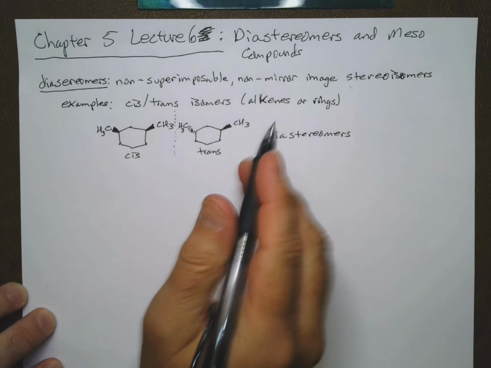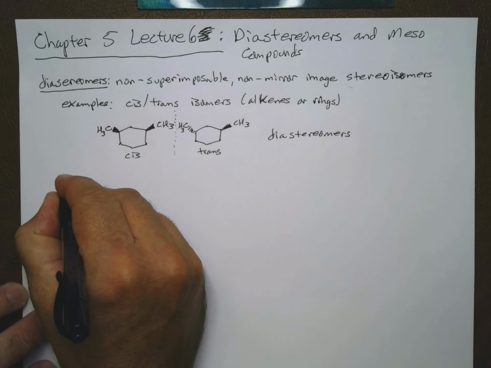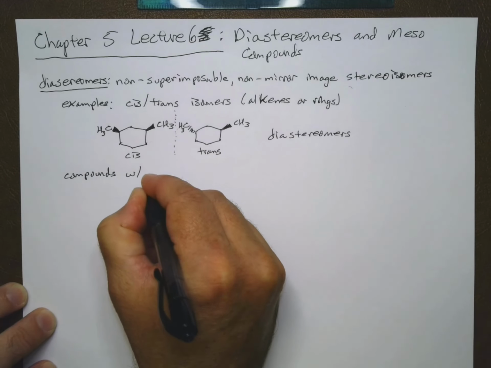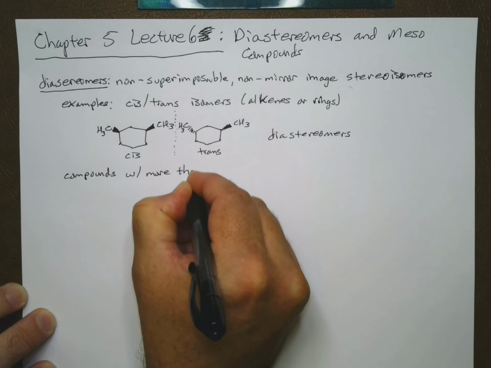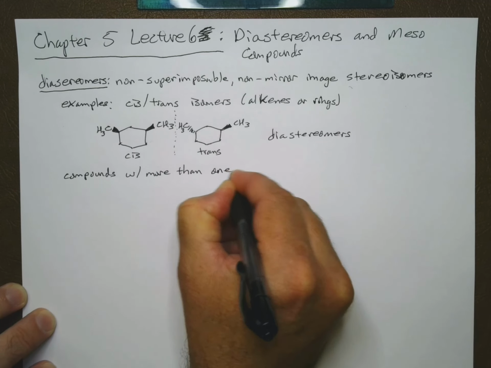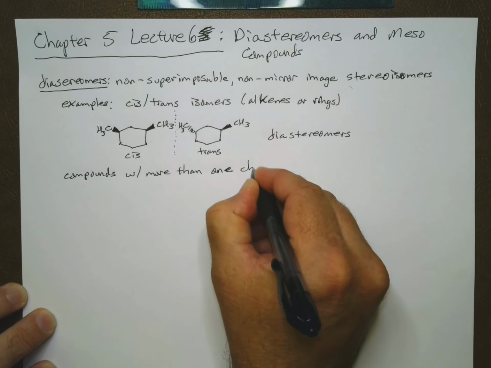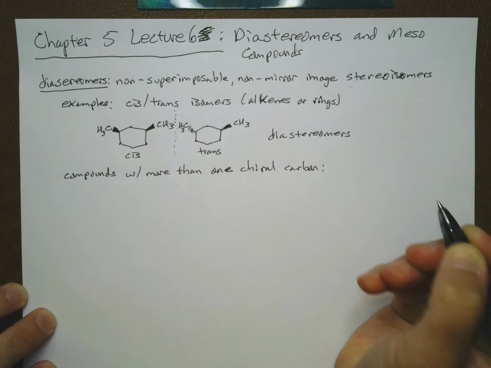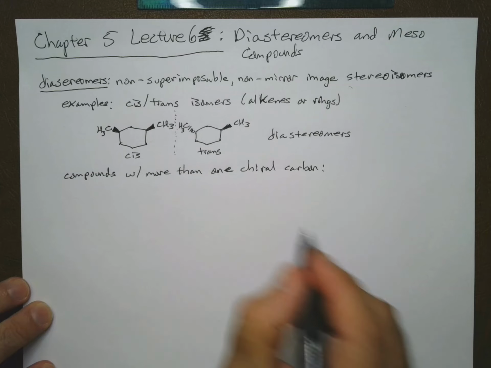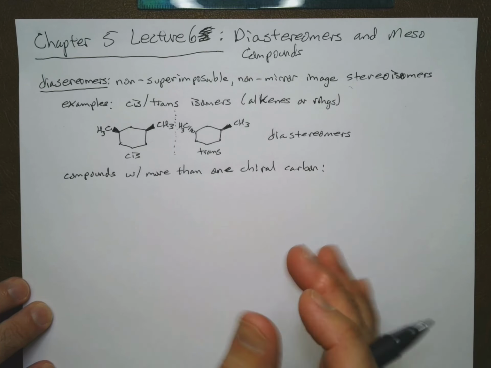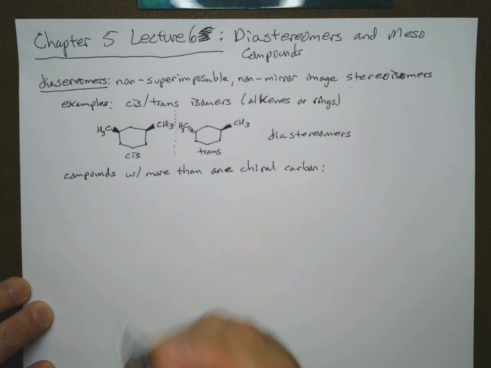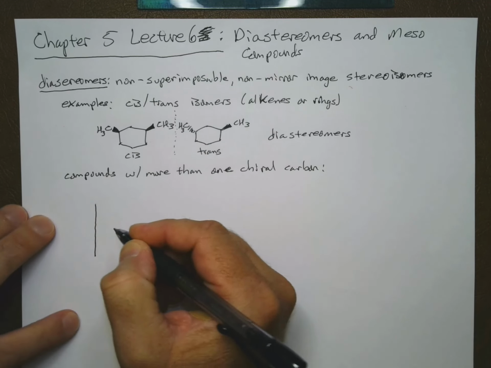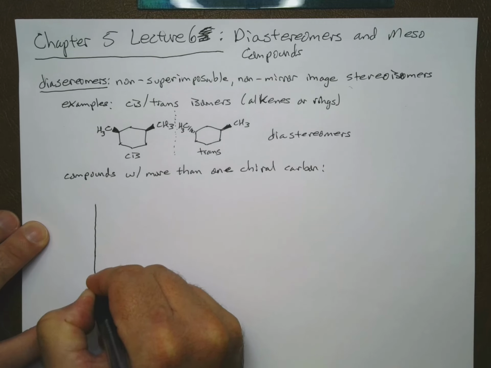Now, the other example is compounds with more than one chiral carbon. As an example, I'm going to use Fischer projections here. That's why I wanted to get you Fischer projections first.